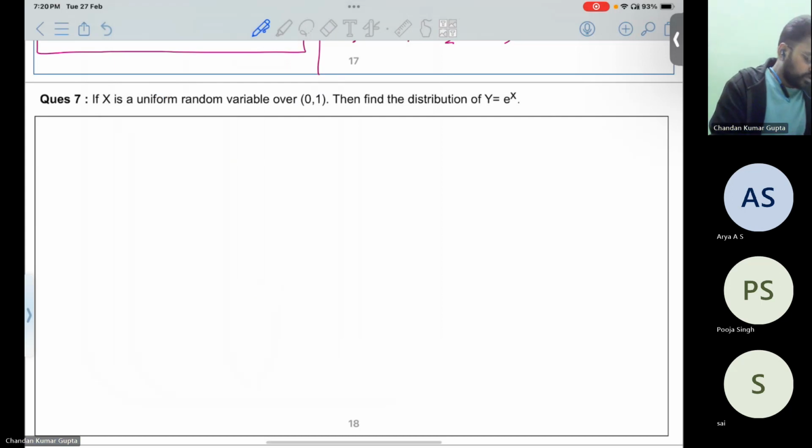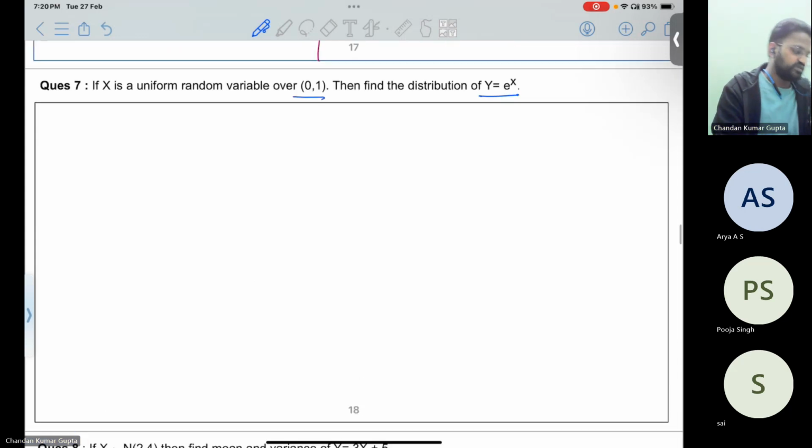Okay, now the next question is: if x is a uniform random variable over 0, 1, we need to calculate the distribution of y, which is e to the power x.